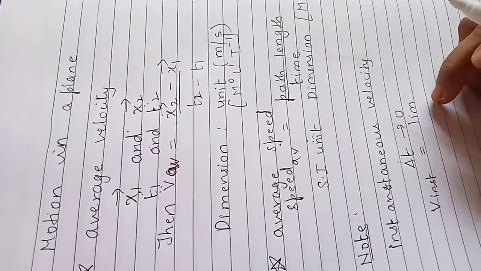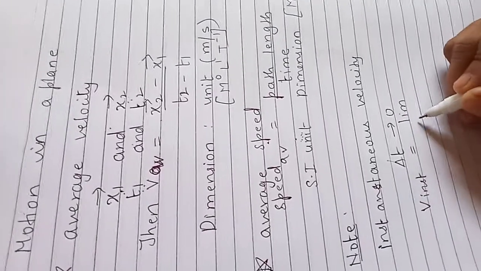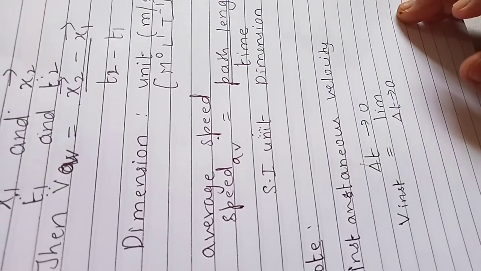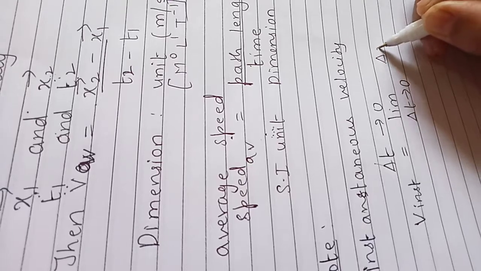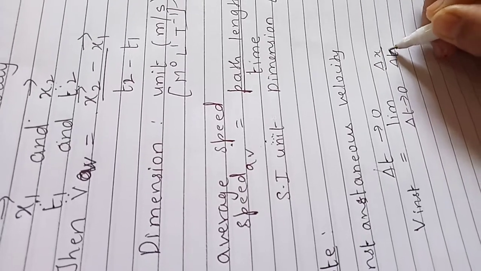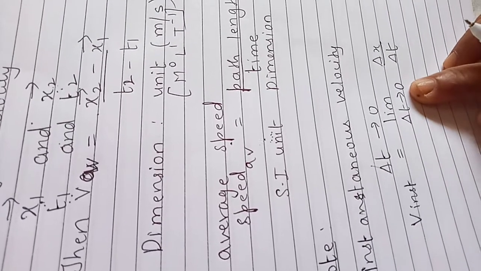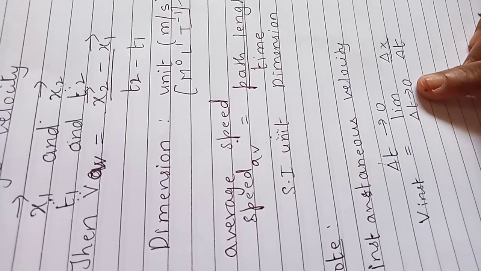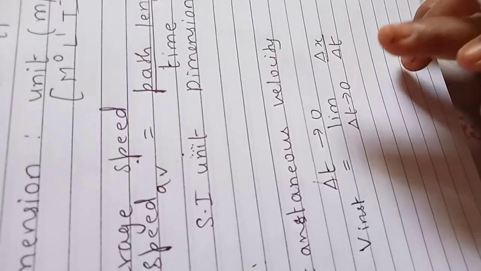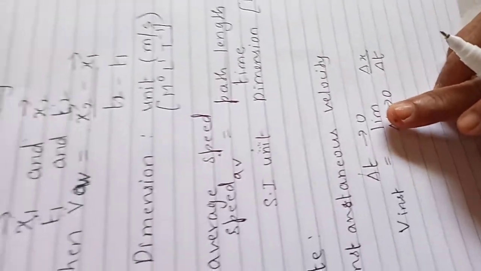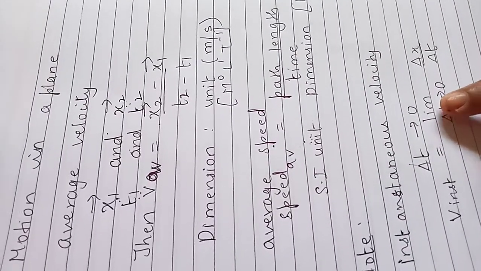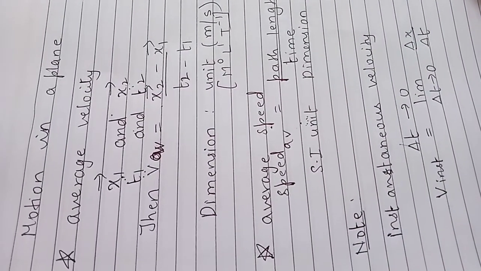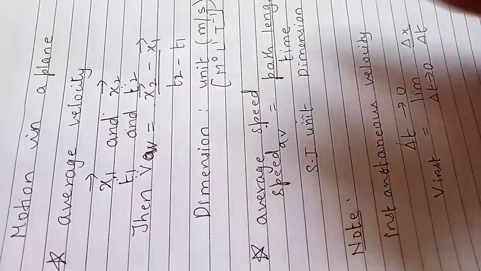When do we use this word limit? When the quantity is very small, like displacement is very small and the time interval is almost equal to 0, or tending to 0, then only we use this mathematical term which is called limit. Generally here I am not using limit anywhere, because the quantities are large enough.